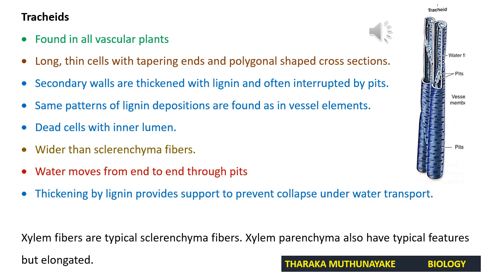As we mentioned earlier, the same features can be found as well. Xylem parenchyma also have typical features but are comparatively elongated. If you go to the diagram of the xylem tissue given in the previous slide, you can observe this xylem parenchyma is somewhat more elongated than normal parenchyma.